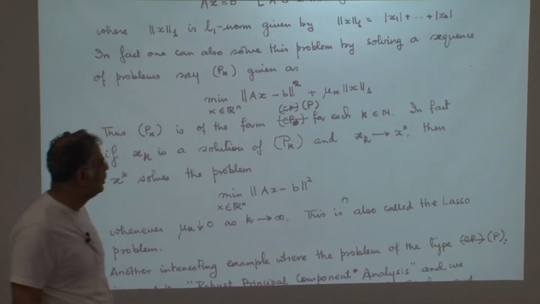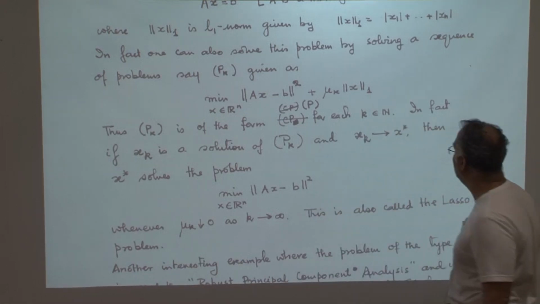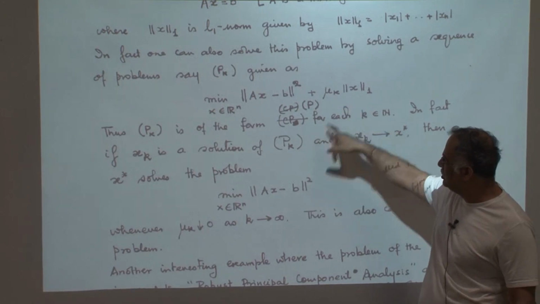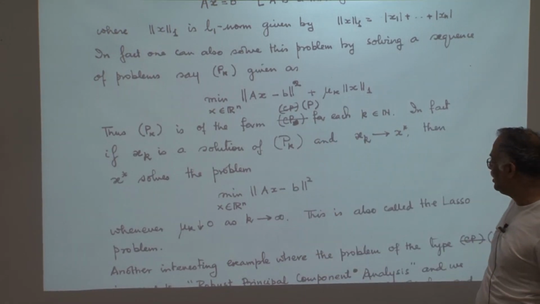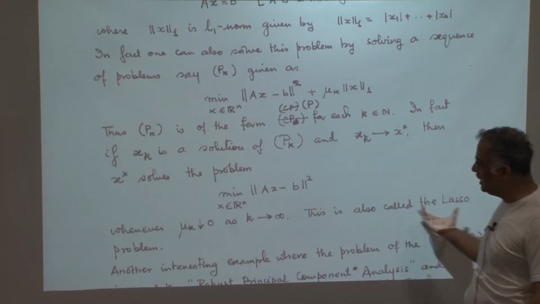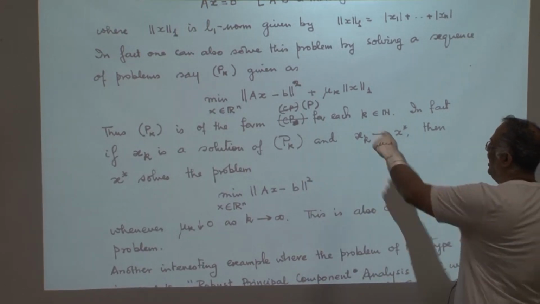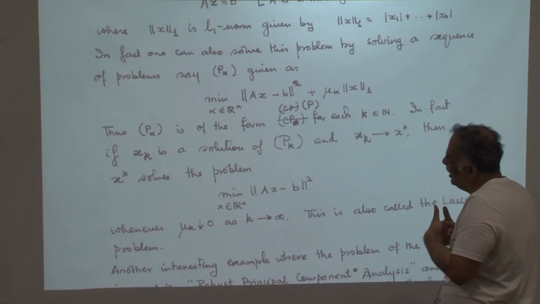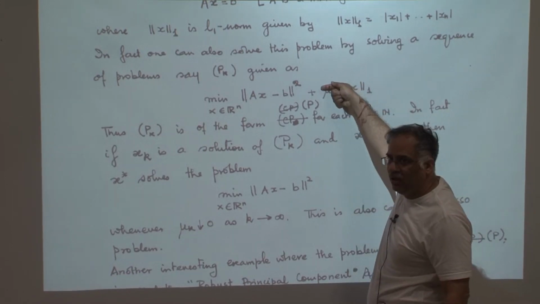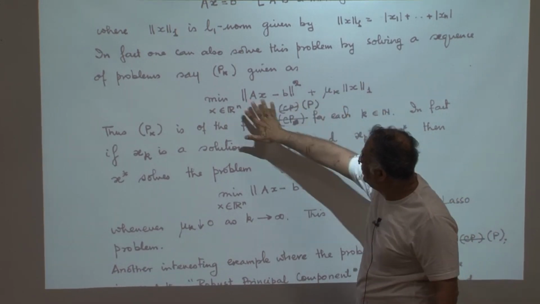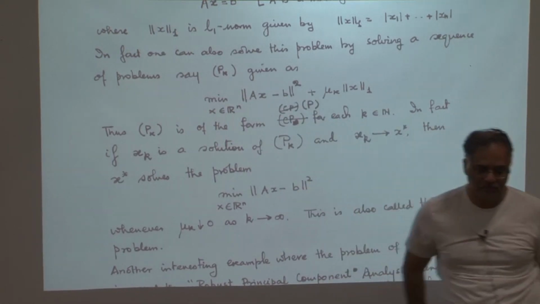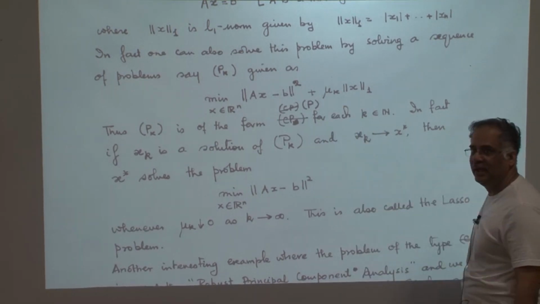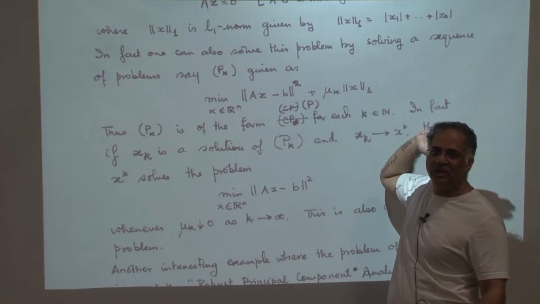See, what does it show? That if you actually have an xk going to x star and mu k going to 0, then x star actually solves this problem. But this is sometimes called the lasso problem. That is also used in imaging, basically. And this penalization is called exact penalization. That is, there would be a mu k for which the solution of this problem is the solution of this problem. Either I penalize the constraint or I penalize the objective.